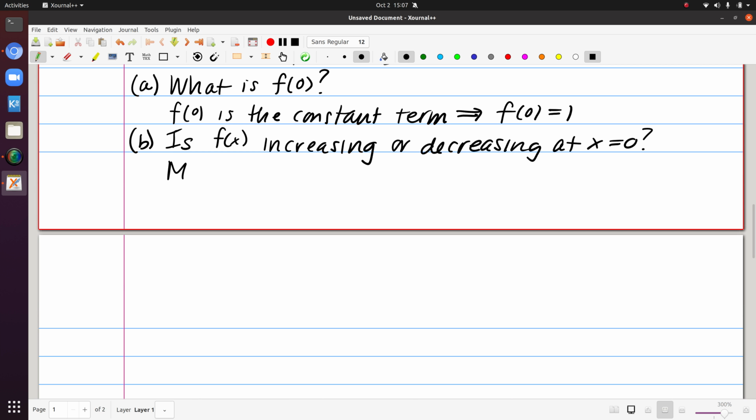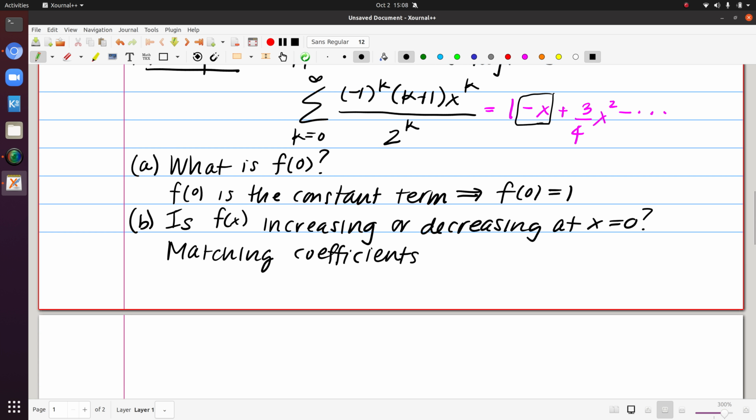So from matching coefficients, I see that the coefficient of x to the first is -1. And for a Taylor series centered at 0, it should be the first derivative of f at 0 over 1 factorial.